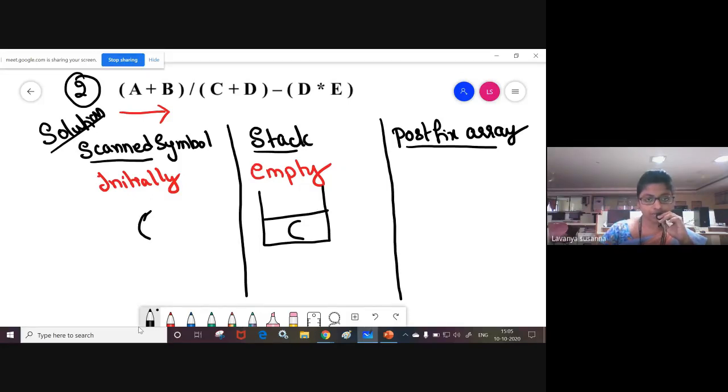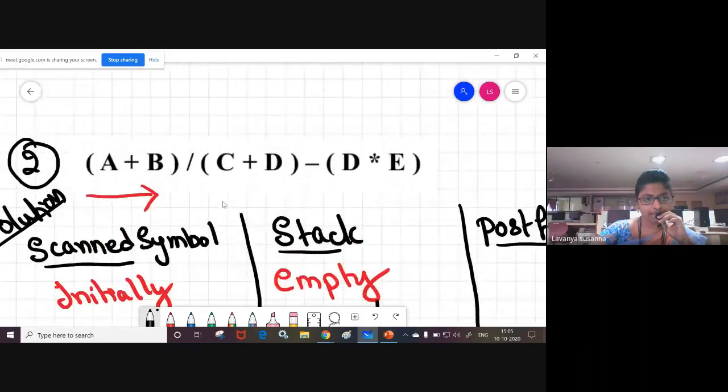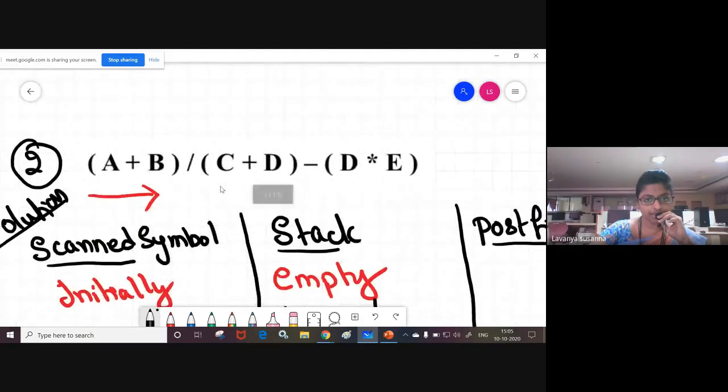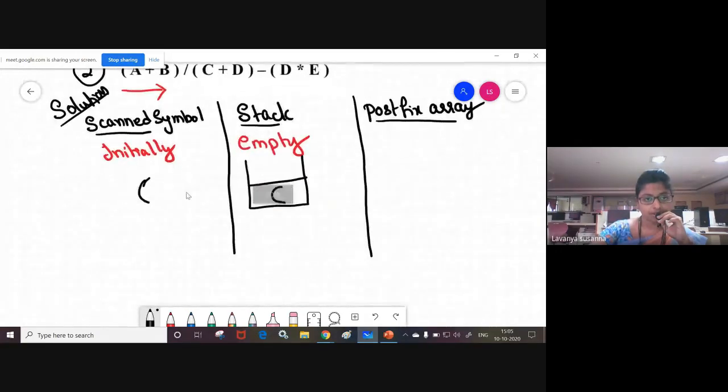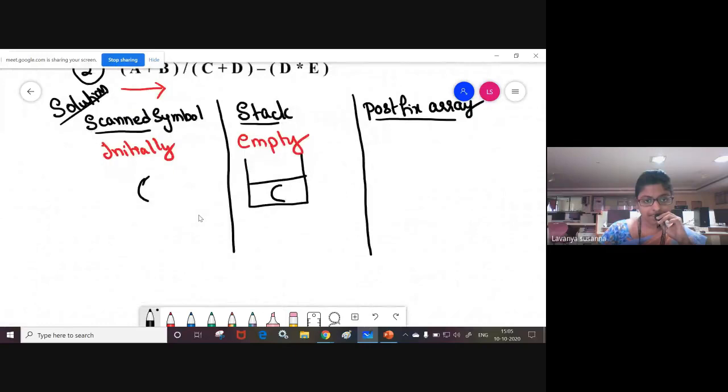Write down, students. Simultaneously, you need to note down. I request all the students to note down. This is a problematic one. Next, what is the next symbol? A, right? You need to scan from left to right. This scanned symbol A is an operand.